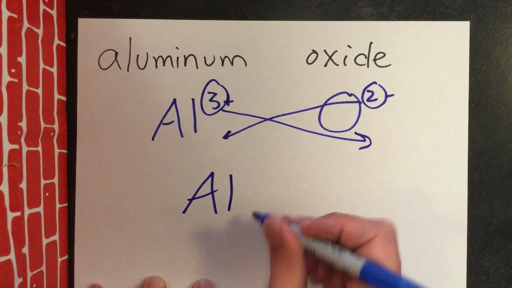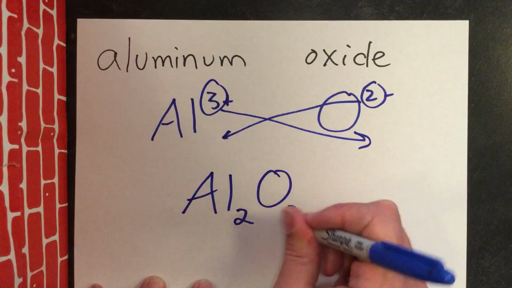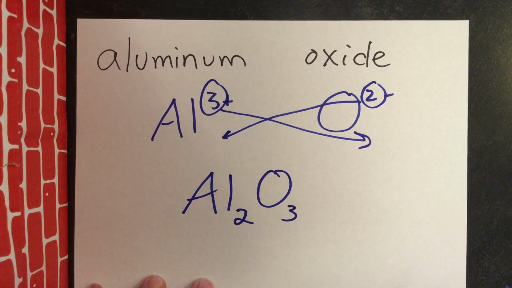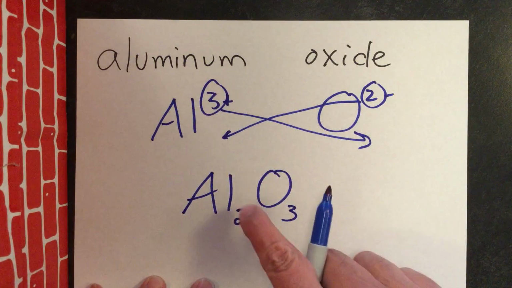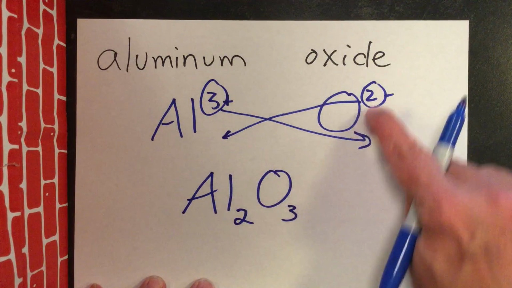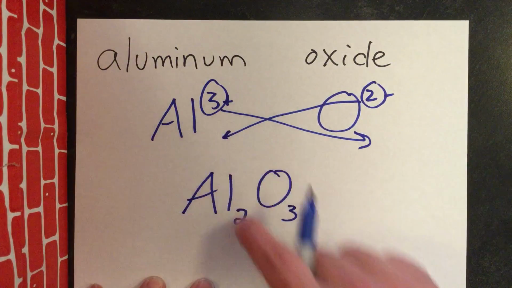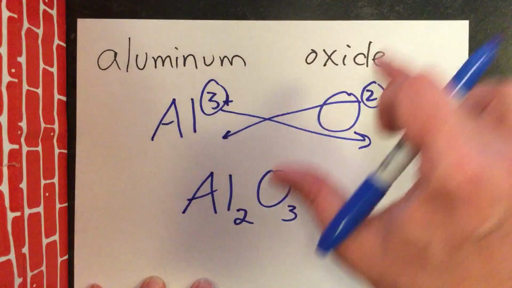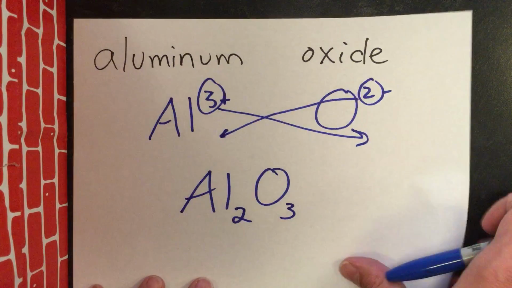So it's Al subscript 2, O subscript 3. And if you really want to get understanding on that, look, you have 6 pluses altogether, 2 of these, and you've got 6 minuses altogether. You end up multiplying them, actually. So 6 pluses balancing 6 minuses. It is neutral.